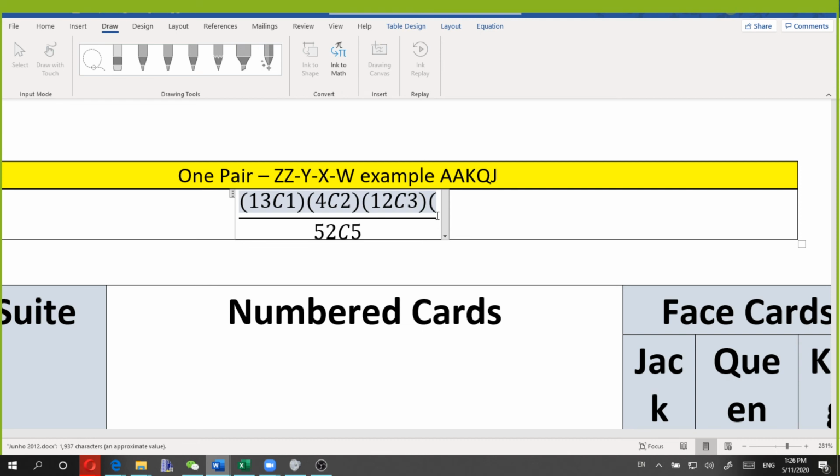I'm going to take 3 of them, and then for each of those values, how many cards of each of those values are still in the deck?